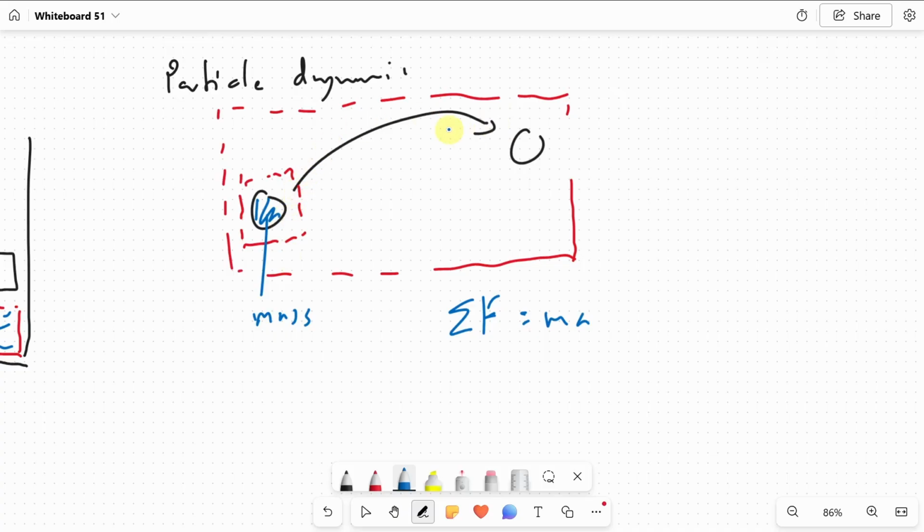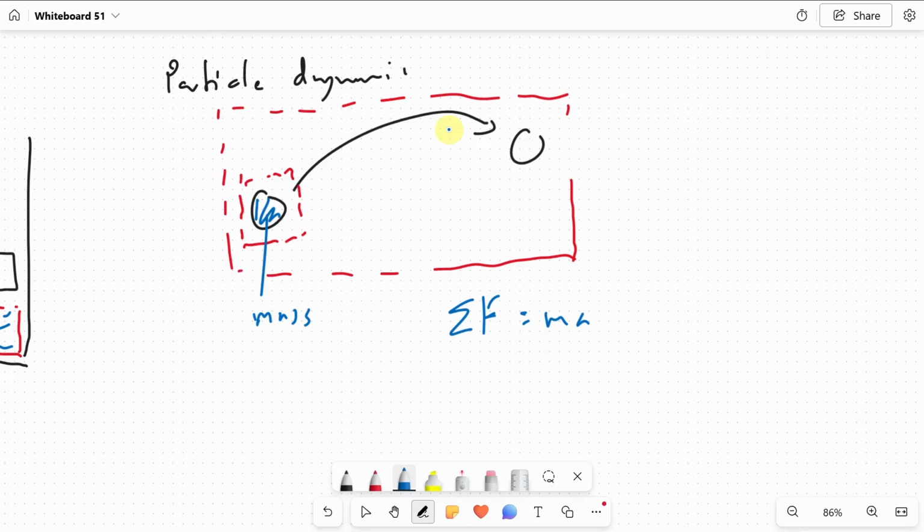Okay, so this is one approach to analyze the physics of a system of a particle or many particles, a physical problem.